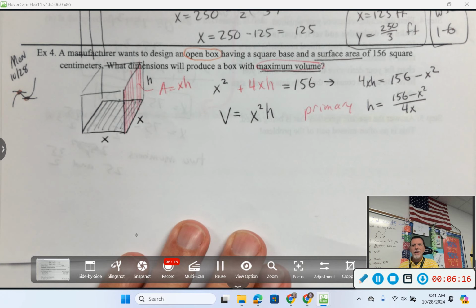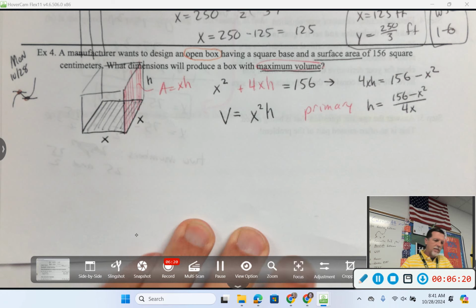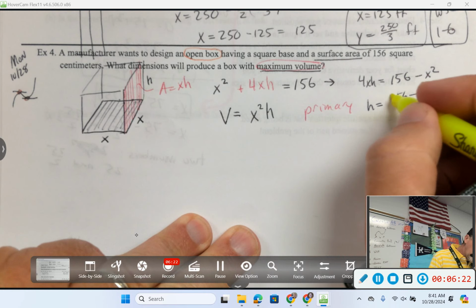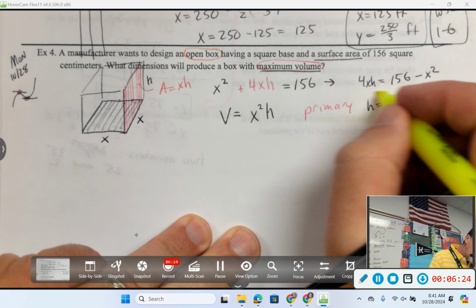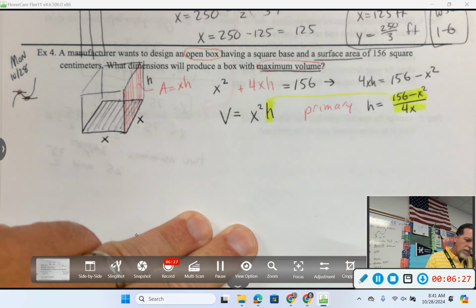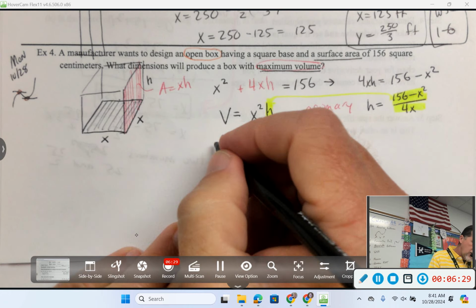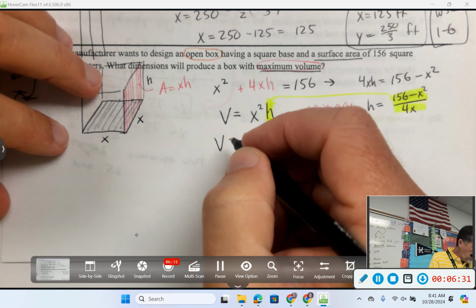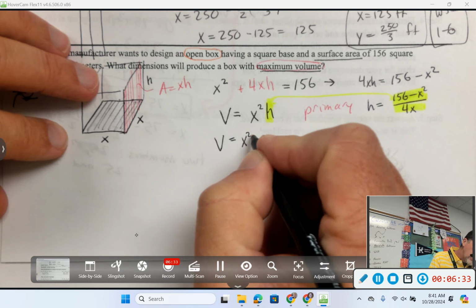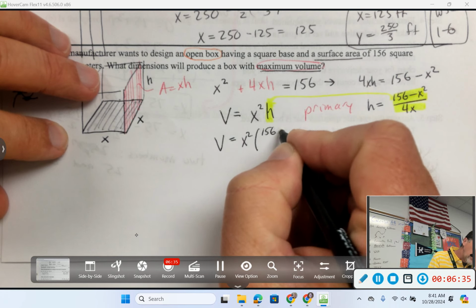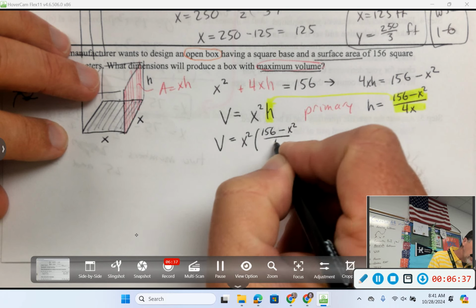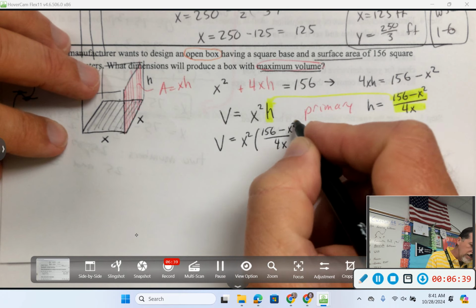And I could split that up. I don't think I want to split it up yet. Let's now plug all of that in for h. So volume is x squared times 156 minus x squared over 4x.